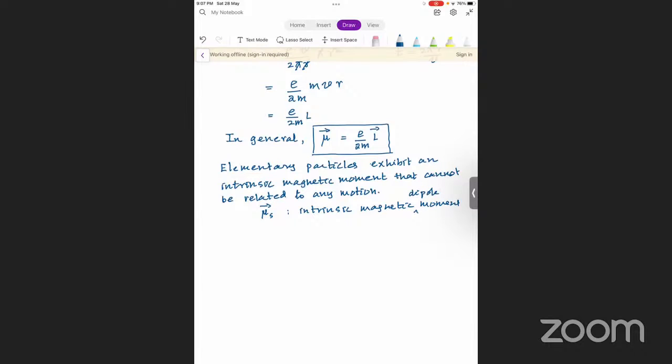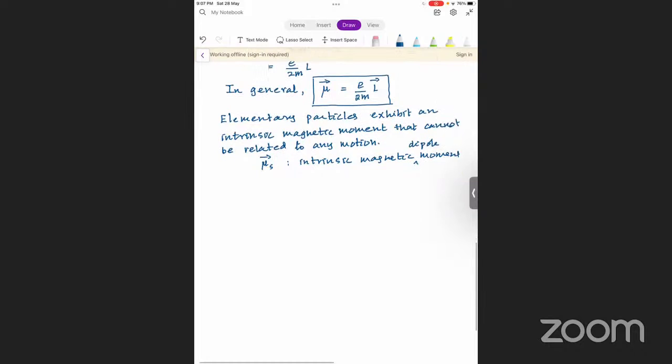Now, I also mentioned that it cannot be related to any motion. How do we know that this exists?